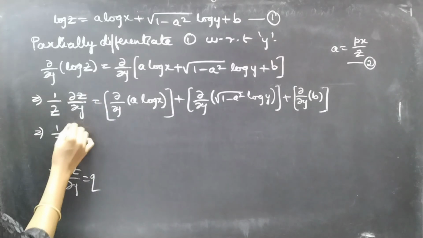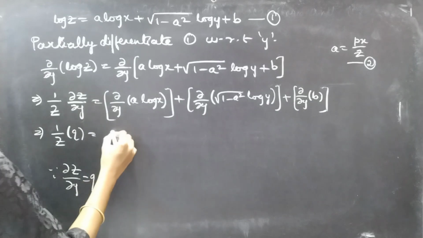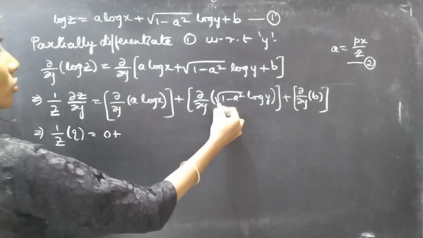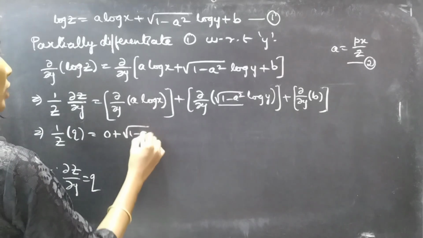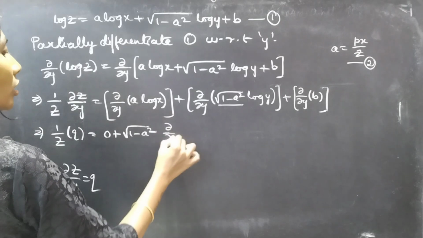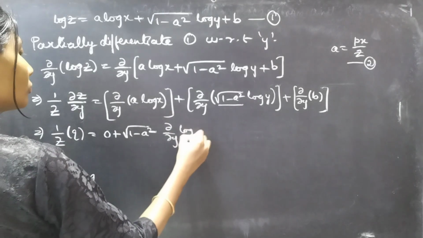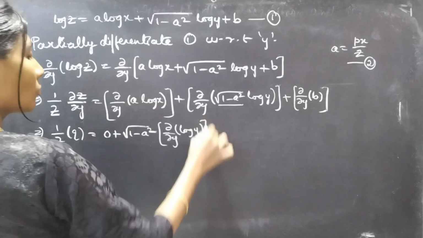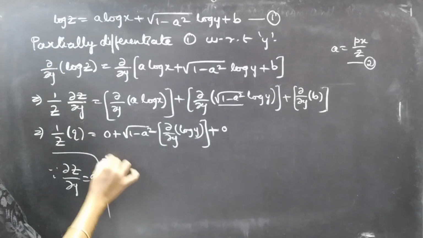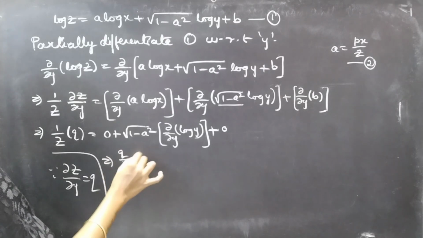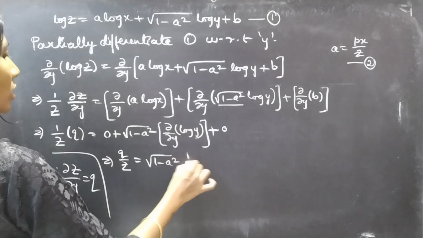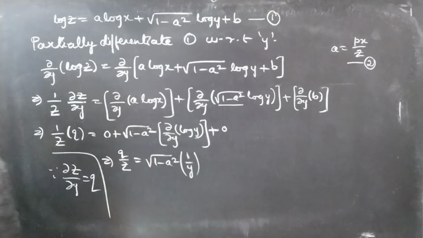You'll get 1 by z into q equal to partial derivative of a constant with respect to y is 0, plus here you have a constant square root of 1 minus a square, so we'll write this term as constant into dou y of log y plus partial derivative of a constant with respect to y is 0, which gives us q by z equal to square root of 1 minus a square into partial derivative of log y with respect to y, which is 1 by y, right?